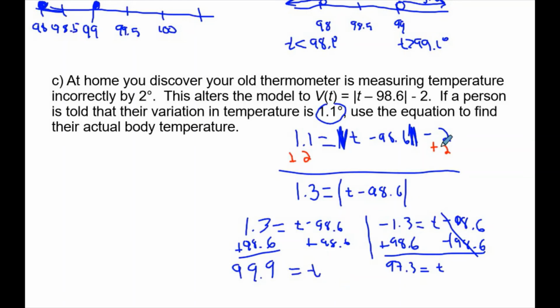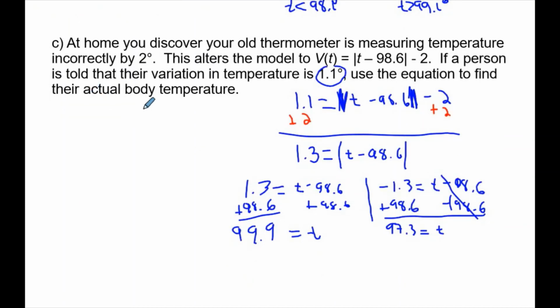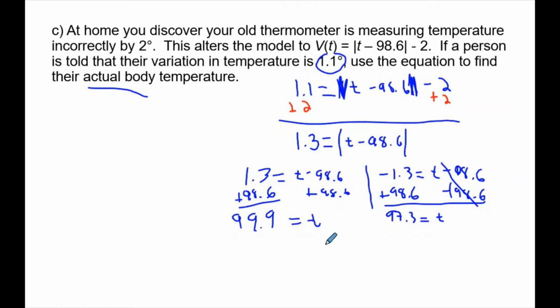So to answer the question, use equations to find out the actual body temperature. You can't figure out the actual body temperature, you can only figure out that it is between these two things. So if you were to use interval notation on that, you would say it's between 97.3 and 99.9.